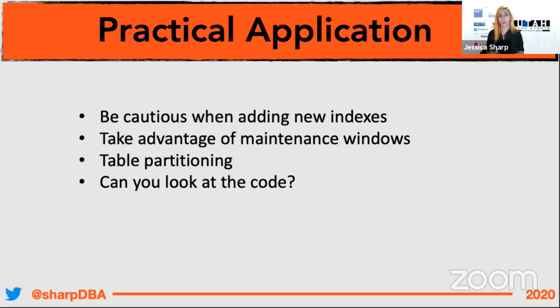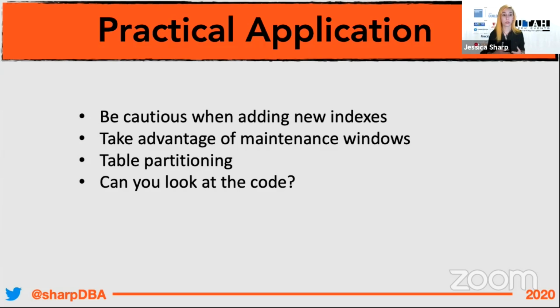Also, a note, it could be a whole presentation on its own, and I'll spare you. Be careful when you're adding new indexes. Look at the ones you've got. Make sure those are getting vacuumed too. Take advantage of your maintenance windows.